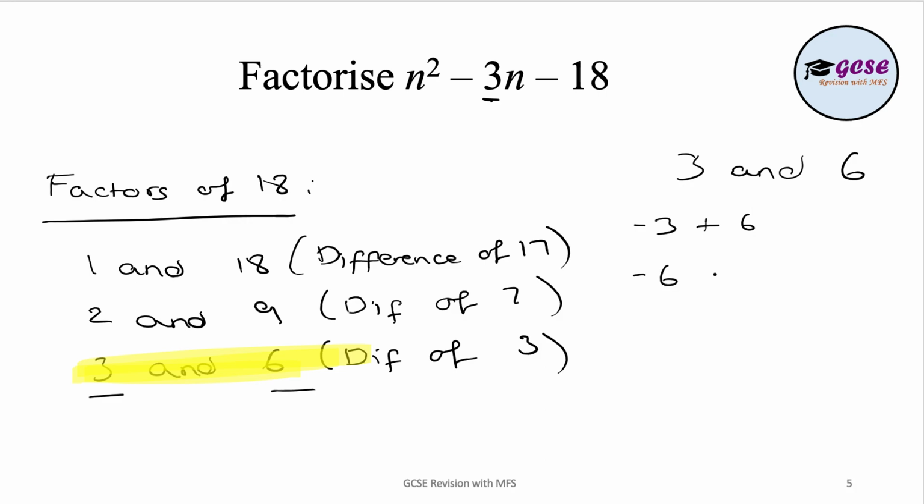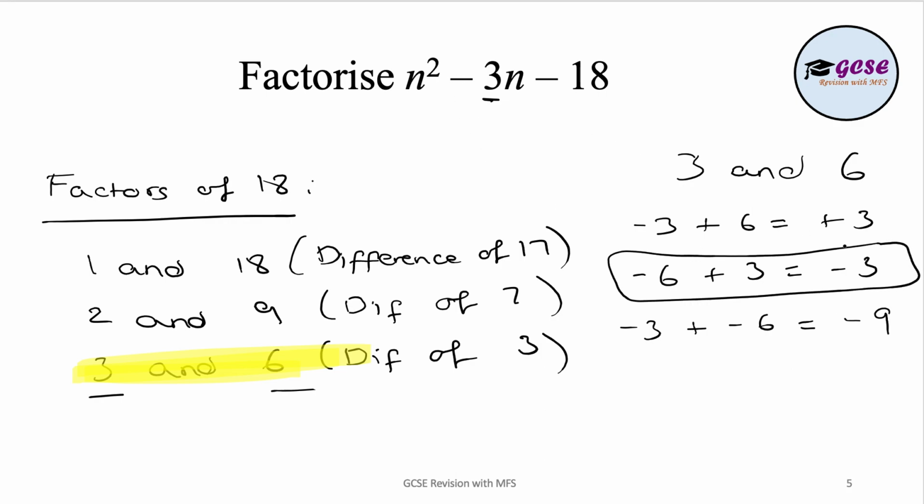We've got -6, +3, or both of them negative. -3 add 6 gives us +3. -6 add 3 gives us -3, and -3 add -6 gives us -9. We're looking for 3, so that means we're going to use this combination, -3 and +6.